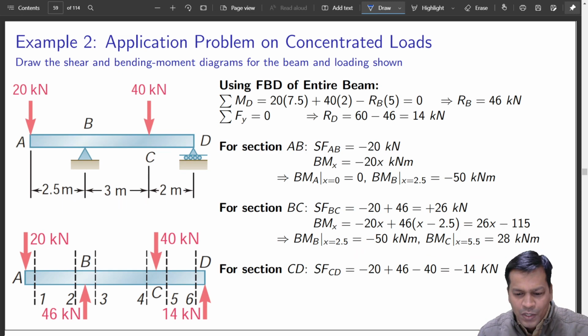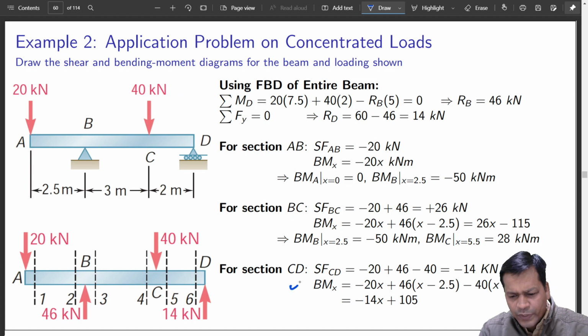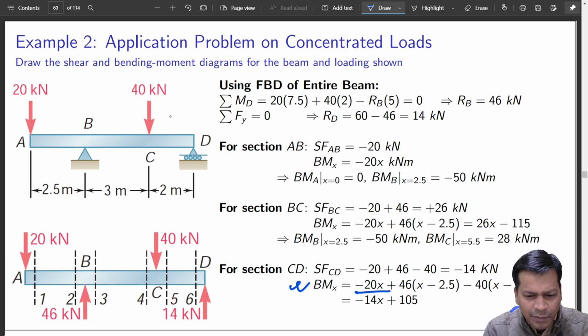Got it? Now section CD, that is the last one. Shear force, again sum of all the forces, this one and this one, gives me this. Shear force is quite simple. Bending moment, the same way we did it: 20 into x, where x is over here in this region.